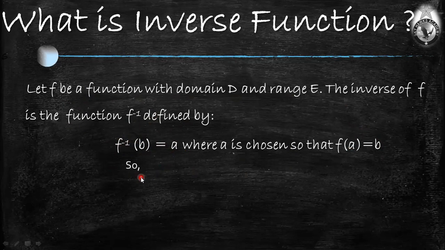Now we can say that f of the inverse function is equal to x, and the inverse function of f is also equal to x. So x is the value, and if we take the inverse of a function, that will be the projected value at that point where the x is. And similarly, if we take a function of the inverse function, once again we reach the same point.